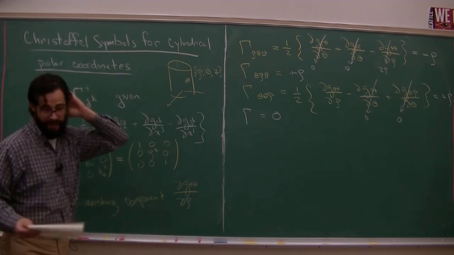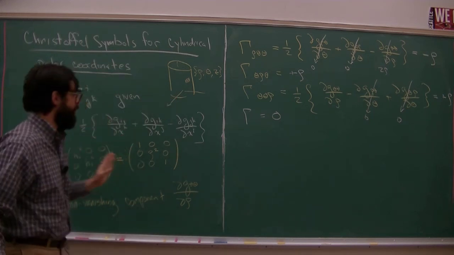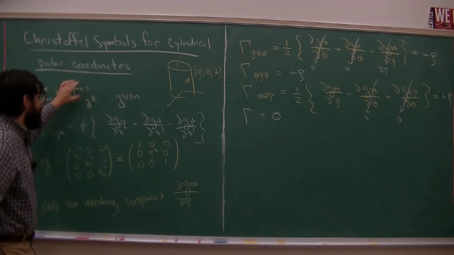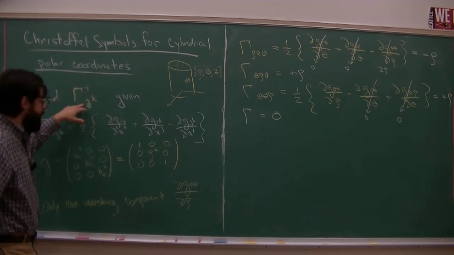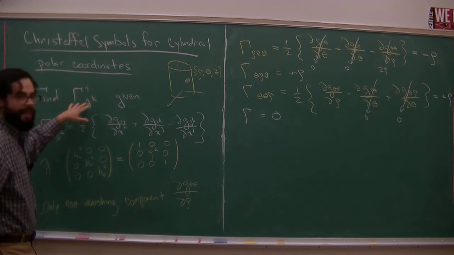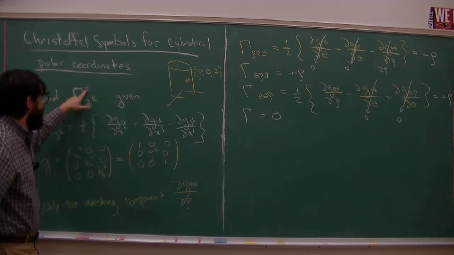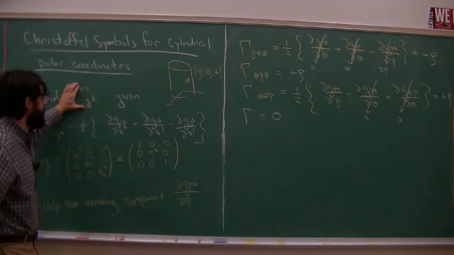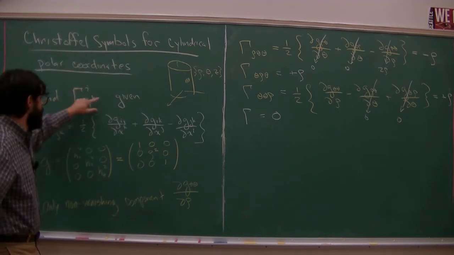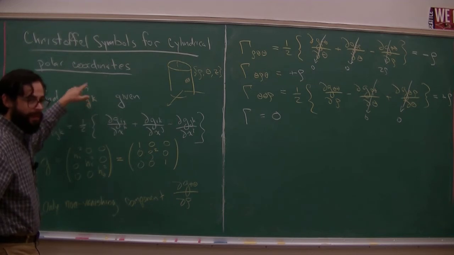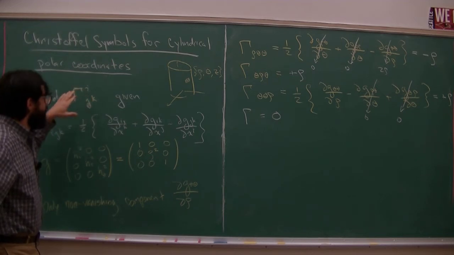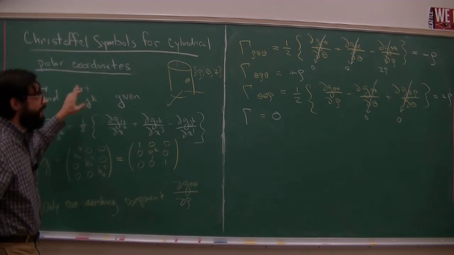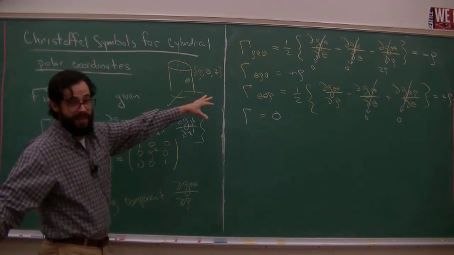Let's do a little bit of counting to make sure we understand exactly what just happened. Okay, I look at a third rank tensor. Who cares if it's covariant or contravariant indices? Those three of those. So there are 27 possibilities that this could be: I, J, and K. Rho, rho, rho, rho, theta, rho, rho, z, etc. Of the 27 symbols, all but 3 of them are 0.